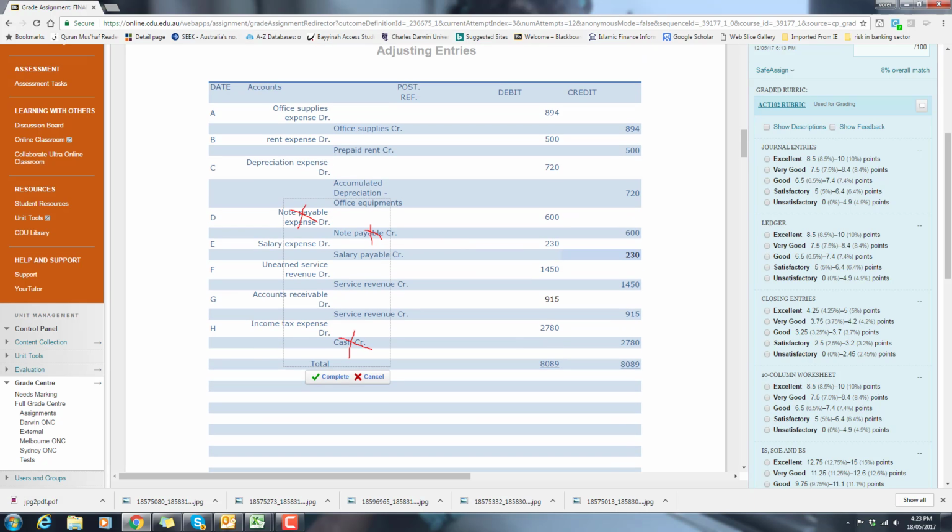So we have 8 journal entries, and the mark allocated is 10. Because students made one complete mistake, out of 10 we can probably give them 8 something.